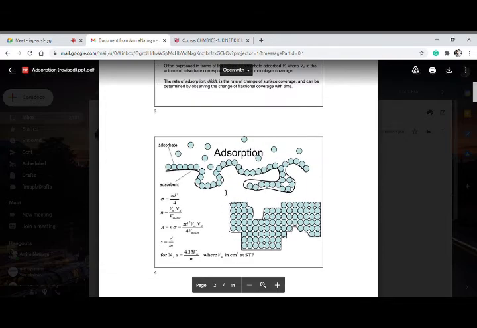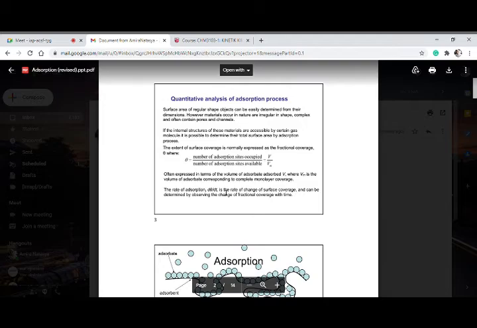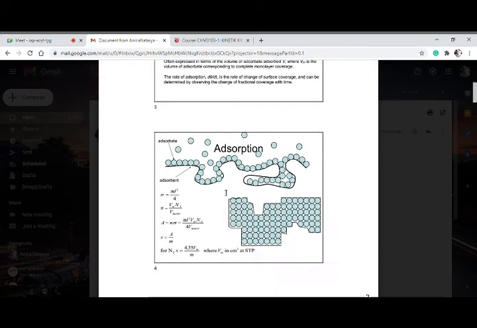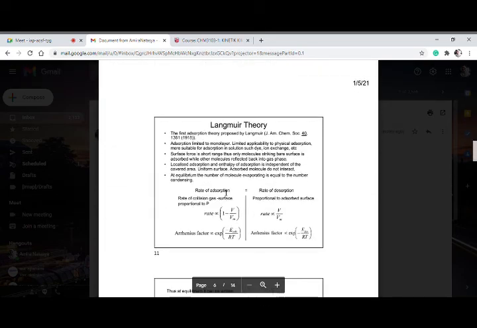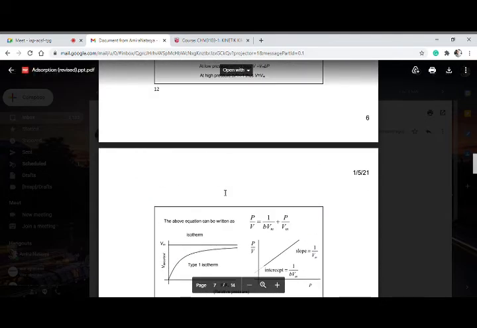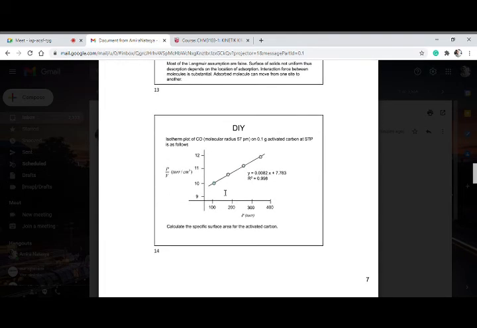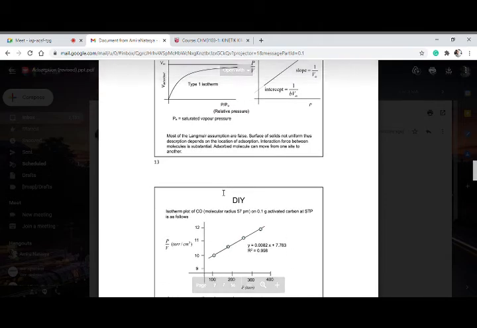So meaning that the adsorption process can go stage by stage. The first stage is the adsorption occurring, right? You can see here, the adsorption starts occurring, and then it reaches a stage where the adsorption covers the whole surface.